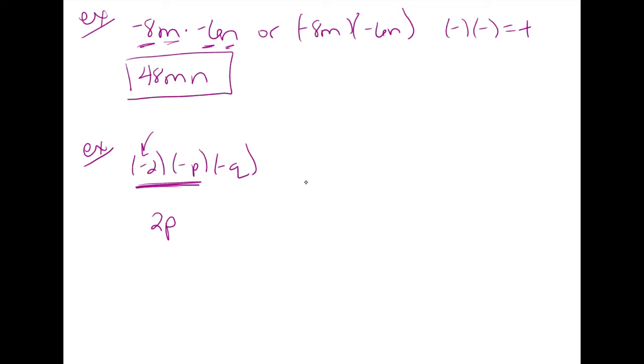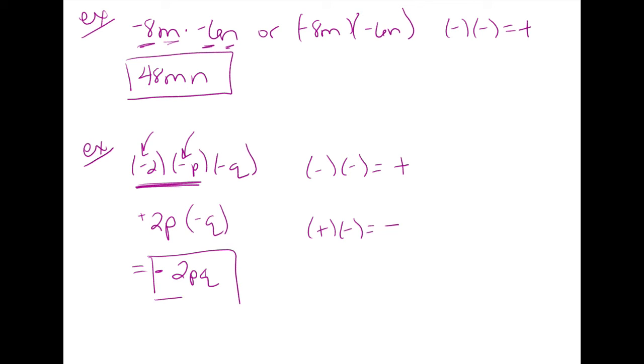But notice they both have negatives. Negative times negative is a positive. So I'm going to keep this positive here. Now I have to take that 2p and multiply times negative q. So I'm going to get 2pq, but I have a positive times a negative, which is going to give me a negative value. And so my answer is negative 2pq.